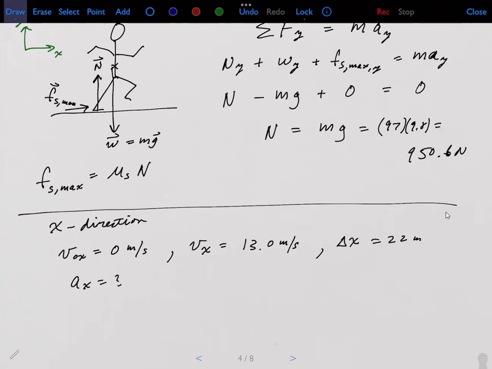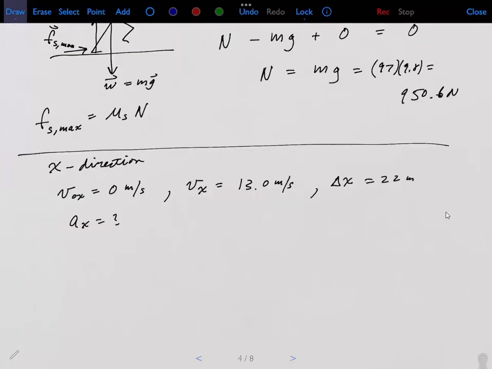We're assuming it's constant acceleration, so we can use our constant acceleration equations. And notice that this one will work: Vx squared equals V initial x squared plus 2 a_x delta x. I can solve this for a_x.